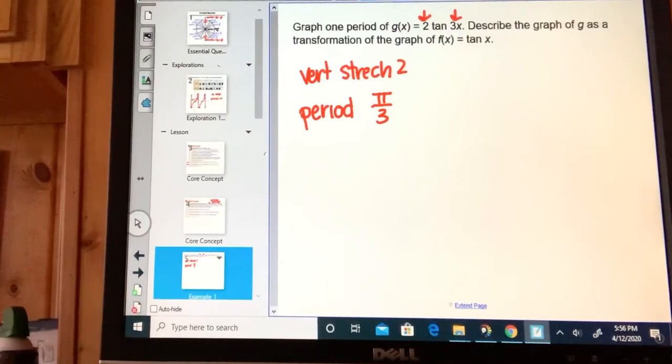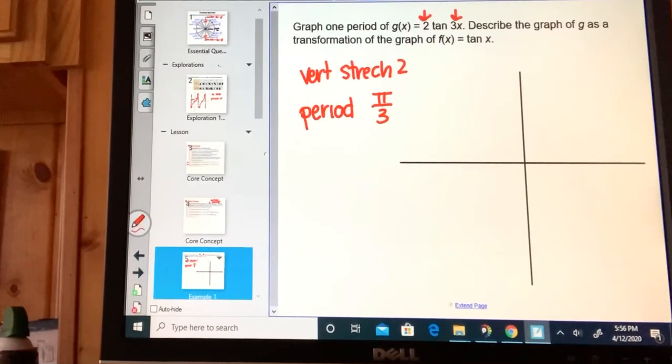Okay, so if I were to graph this, I'd make my graph, and I'd say, okay, well, pi over 3 is a full period.